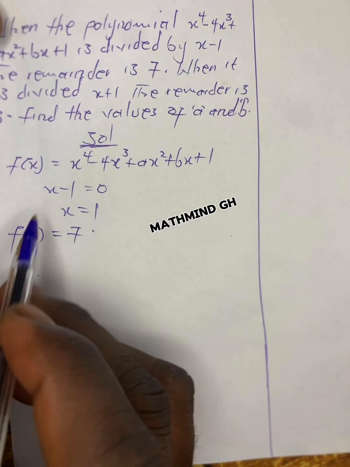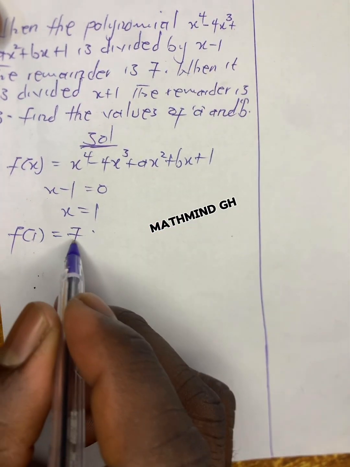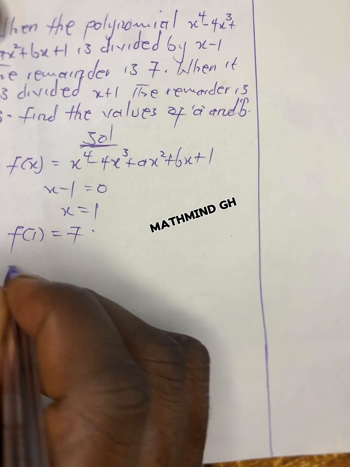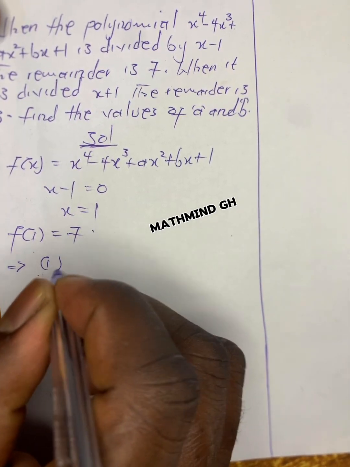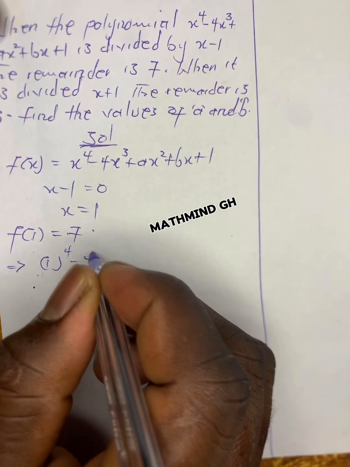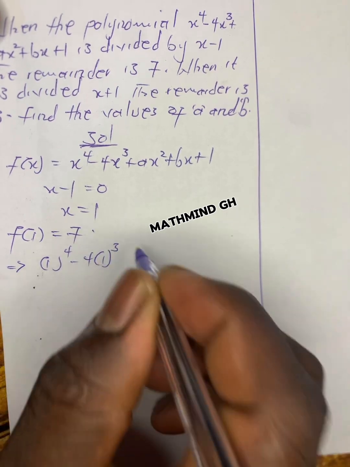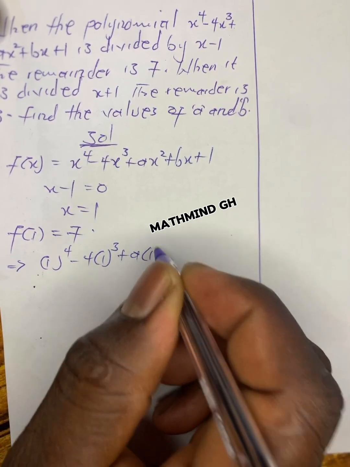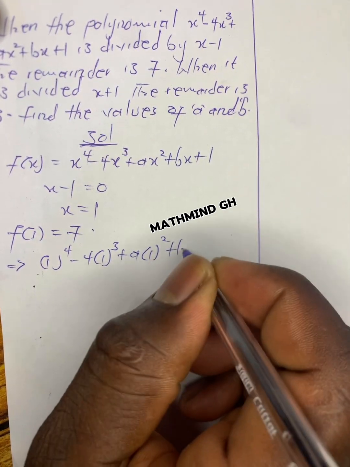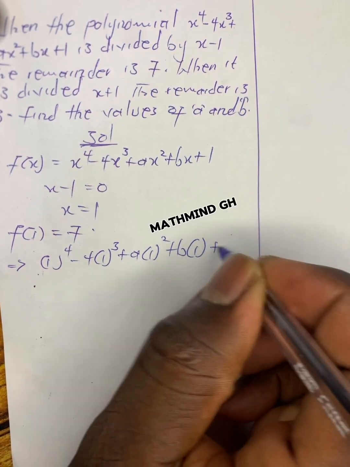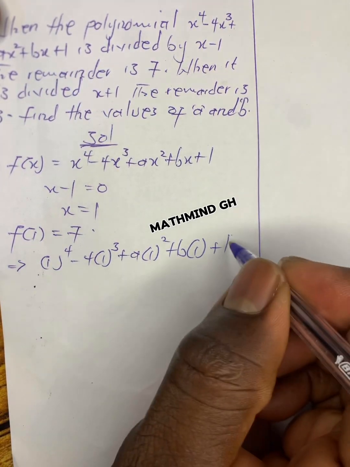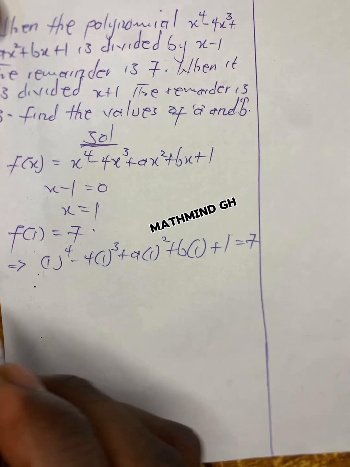Then we substitute this into the equation and equate it to 7. That will imply that we have 1^4 - 4(1)^3 + a(1)^2 + b(1) + 1 = 7.